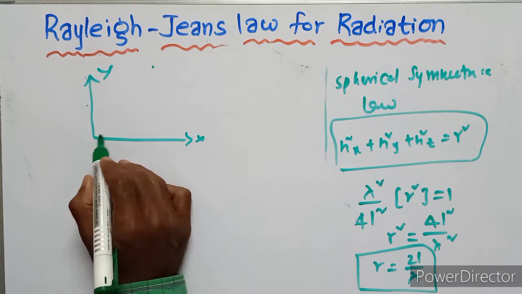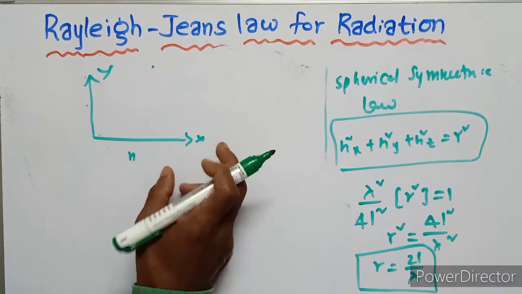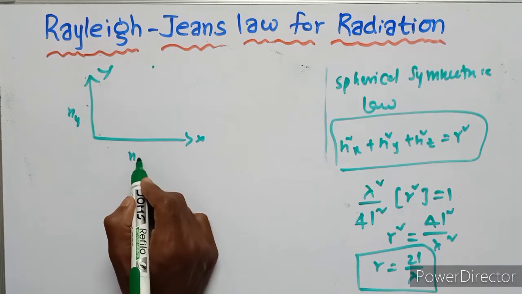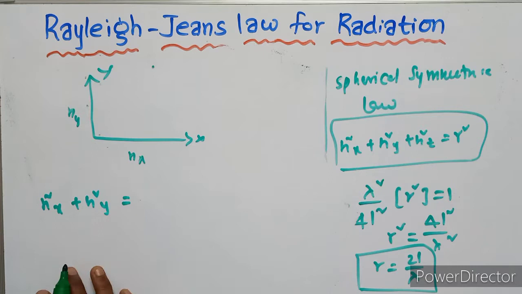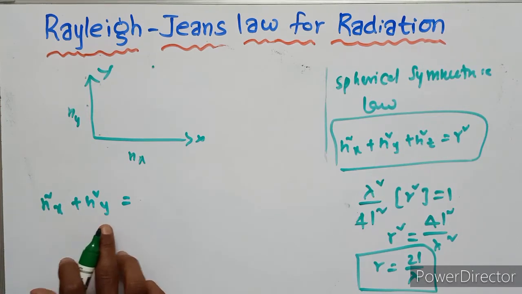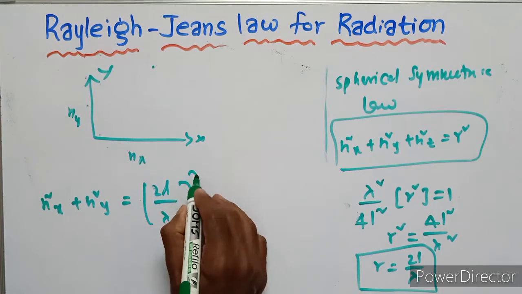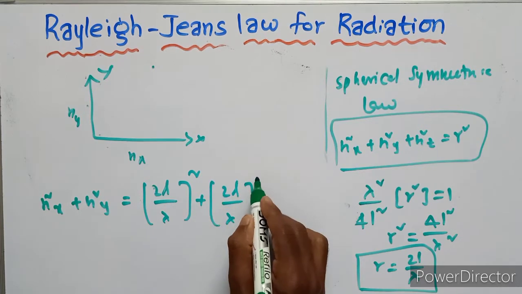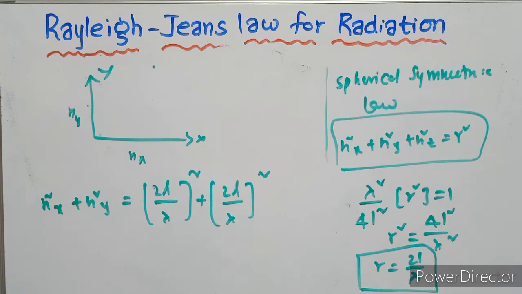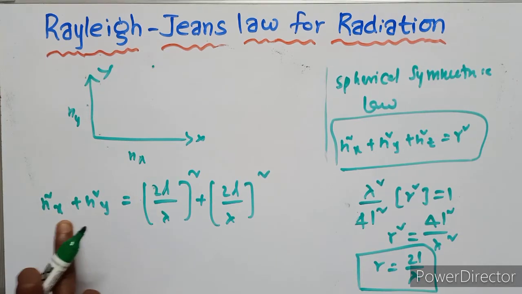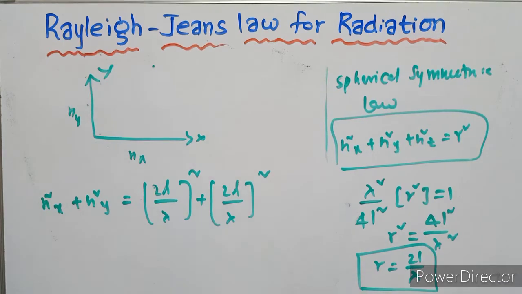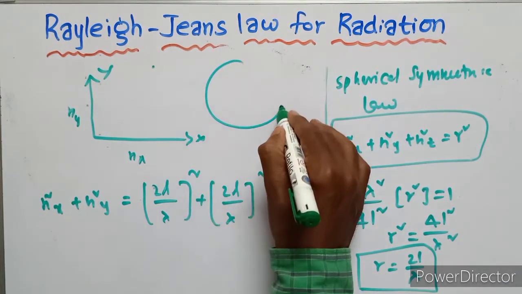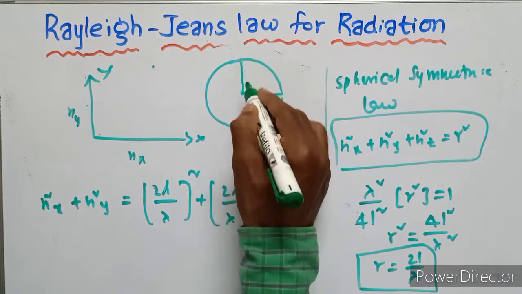Here nx is the number of loops along the x-axis, and ny is the number of loops along the y-axis. From vector properties, nx² + ny² = (2l/λ)² + (2l/λ)², which is also equal to r², because this is the radius.